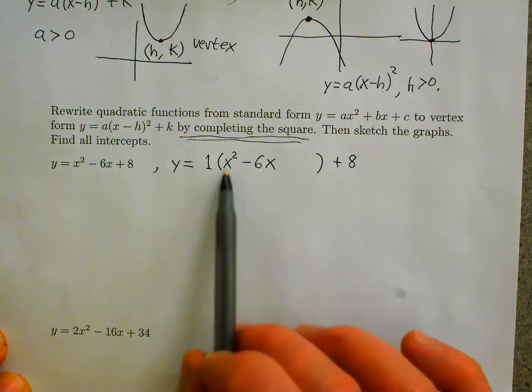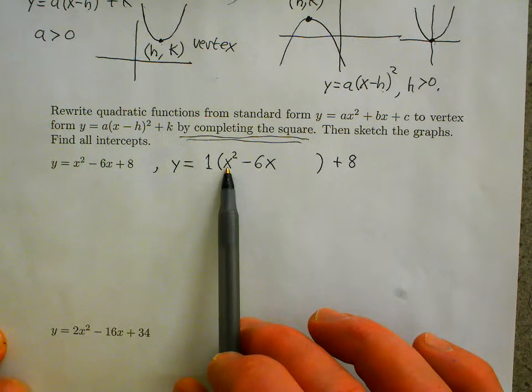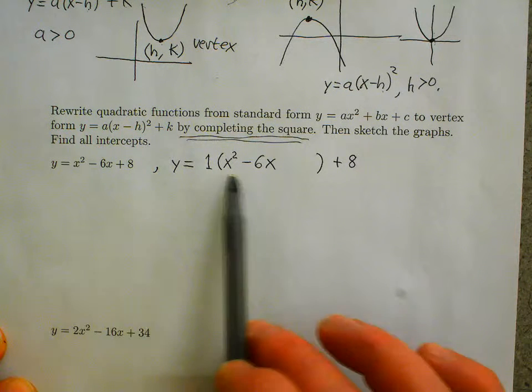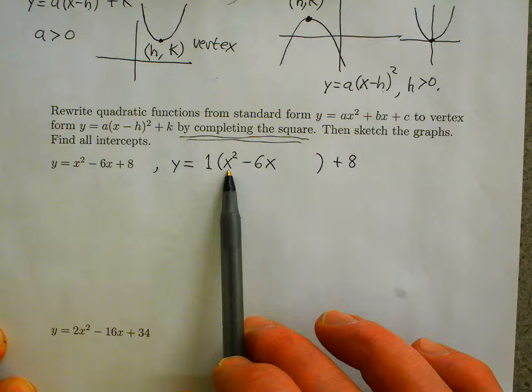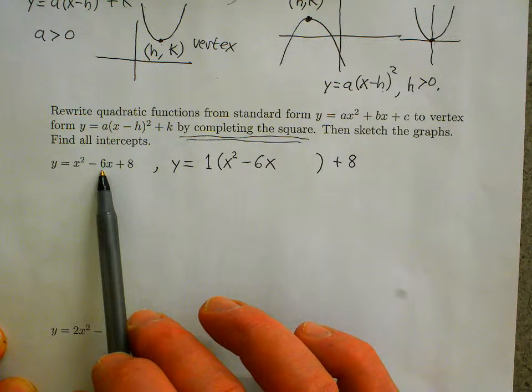So what I did, it's of little consequence in this one, but I factored 1 out of the x squared term and the minus 6x term.